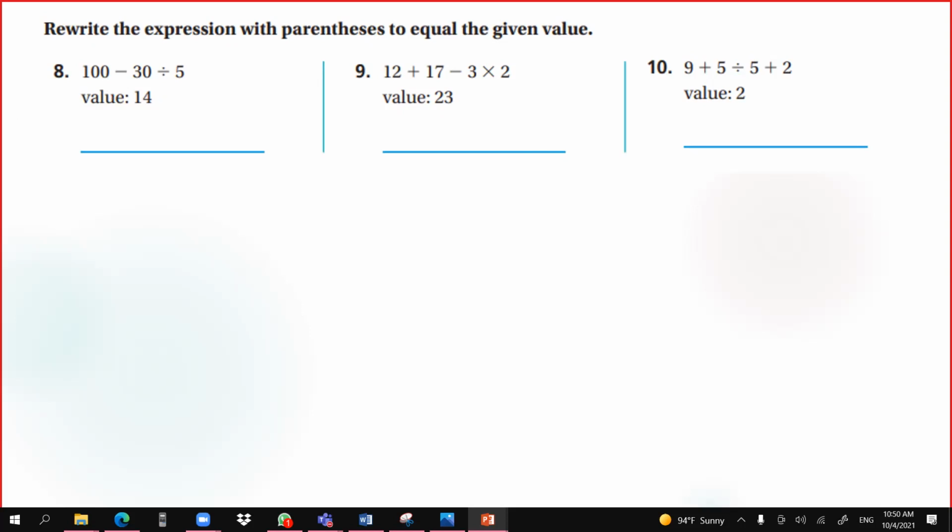I want you now to play with this expression to add parentheses in order to get the answer 14. What do you have to do? Where should we place the parentheses?